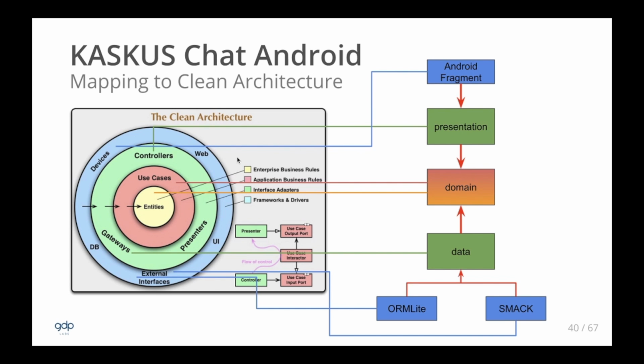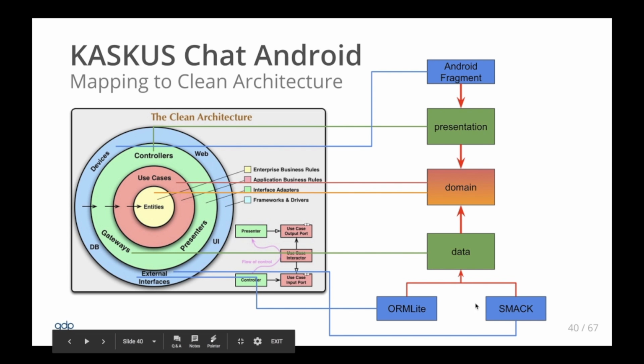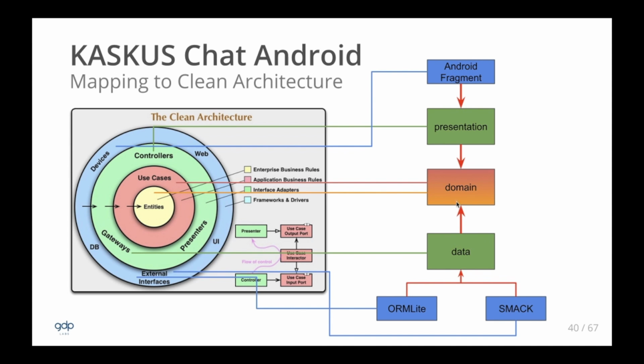And finally, the outermost layer, the details that do not matter: Android Fragment, ORM Lite library, and SMACK framework. All of them are on the outermost layer, the blue one, and all of them point inward. Domain doesn't know anything about presentation and data, and cascadingly, it also doesn't care about Android Fragment, ORM Lite, or the SMACK framework.